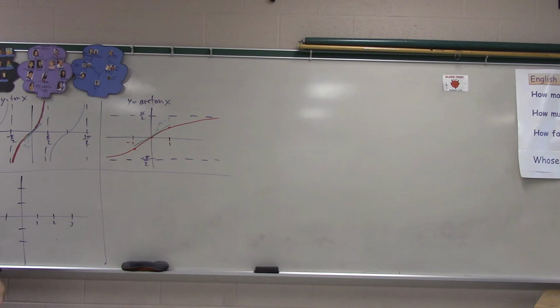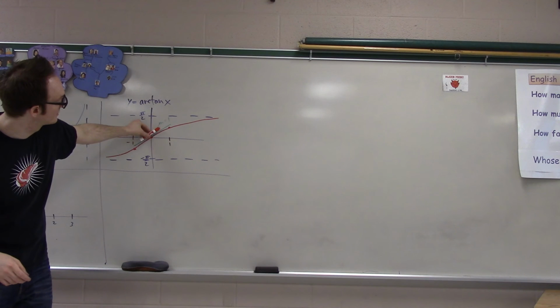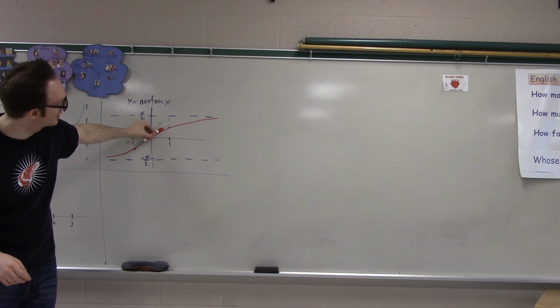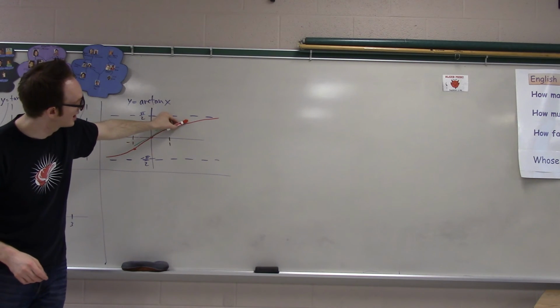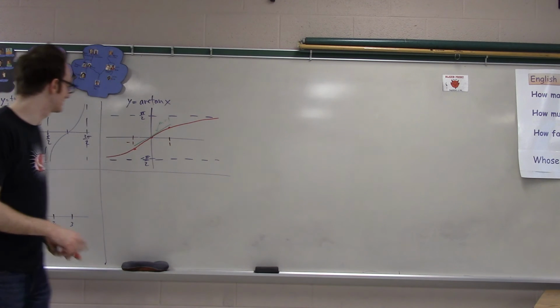So if this is 1, then I guess what this function must look like is it's really close to 0. At some point it gets a little bit bigger. And by the time I get to 0, the derivative is 1, the slope is 1. And now the slope starts getting smaller again, but it stays positive.